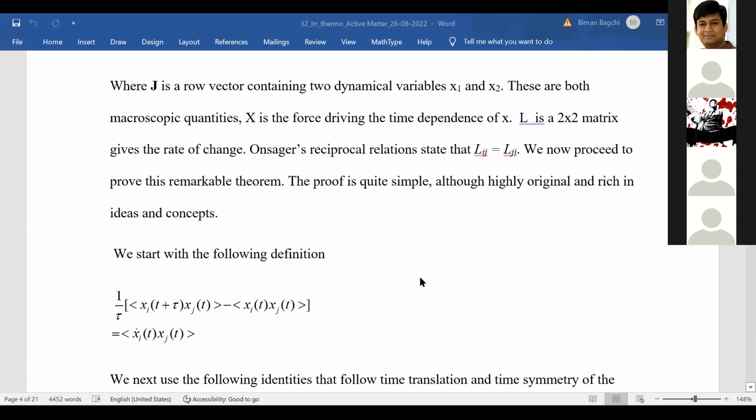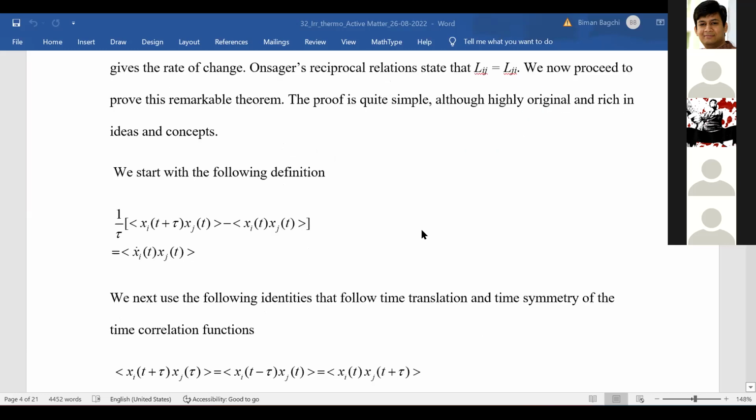The way the proof goes is very nice and very simple. You start, and it's a complete use of the time correlation function. I would guess it is from Landau-Lifshitz. So, Xi(t+tau) Xj(t).